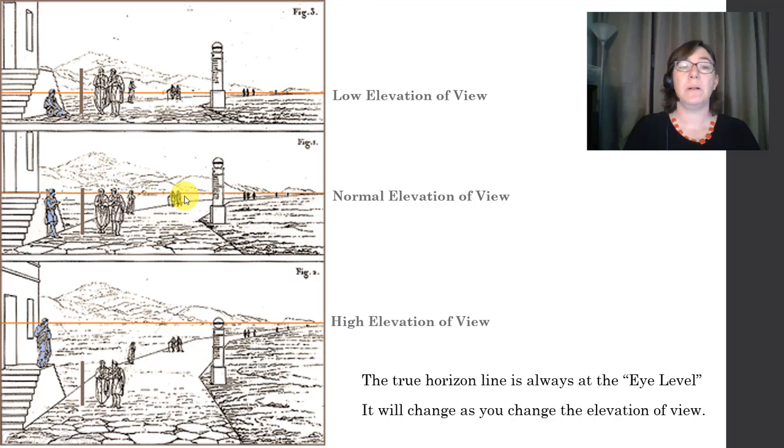Here is our typical or normal elevation of view at a standard human eye height. This is really, really common. And you can see that it is a balanced composition, with equal emphasis placed on some of our horizontal objects and some of our vertical objects. And finally, this scene is repeated again with a high elevation of view. They've moved the horizon line up, and it's represented by this person standing up high.